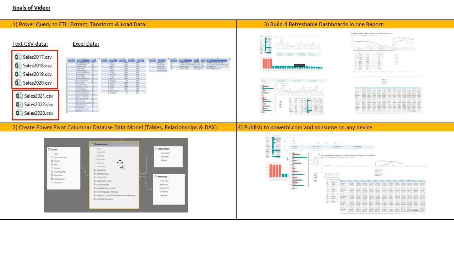Then we'll build our data model that involves importing Power Query transformations, relationships, a calculated table for our date table, calculated columns, and then a bunch of measures. Then we create 4 different dashboards. Then we'll publish the single Power BI Desktop file and all 4 dashboards to an online source so we can consume the reports on any device.